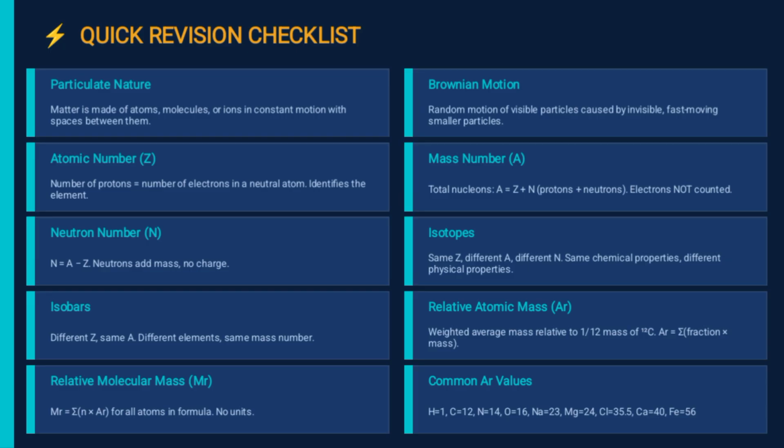Isotopes are atoms of the same element with the same atomic number but different mass number due to difference in neutrons. And of course, usually isotopes have the same chemical properties but different physical properties. The relative atomic mass, like we defined, is a weighted average mass relative to 1/12 the mass of carbon-12.